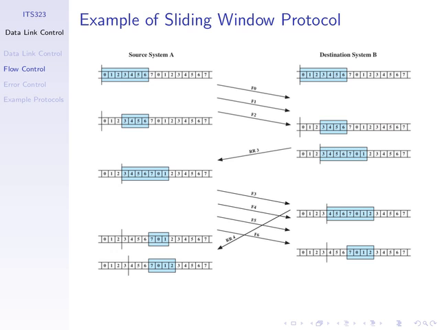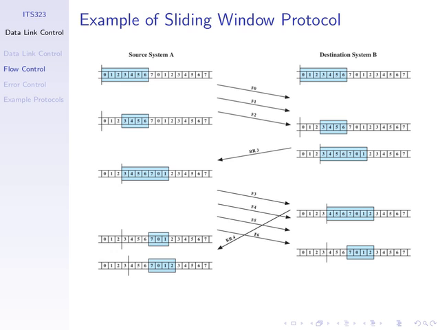So destination B has received frames 3, 4, 5 and 6, transmitted receive ready 4, and after frame F6 is received, transmits receive ready 7.